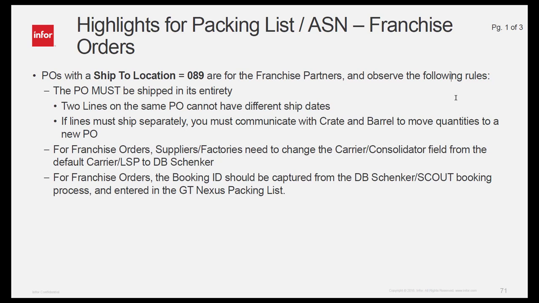For franchise orders, supplier factories need to change the courier consolidator field from the default LSP or courier to DB Schenker. For franchise orders as well, the booking ID should be captured from the DB Schenker Scout booking process and entered into the GT Nexus packing list.